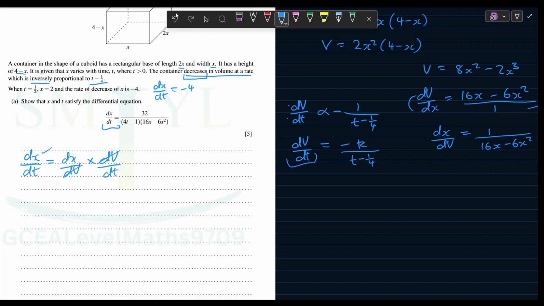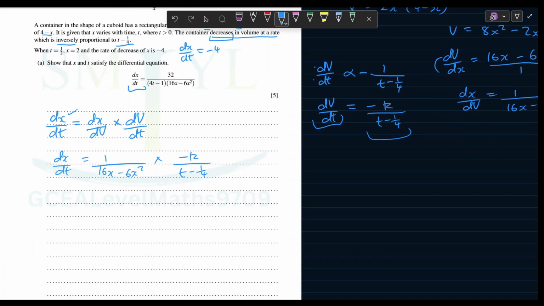Okay, perfect. So now let's just simply substitute to get dx/dt. dx/dt is dx/dV, which we said is 1 over 16x minus 6x squared. And this is being multiplied by dV/dt, which is negative k over t minus a quarter. Okay. And so dx/dt is equal to negative k over t minus a quarter multiplied by 16x minus 6x squared.